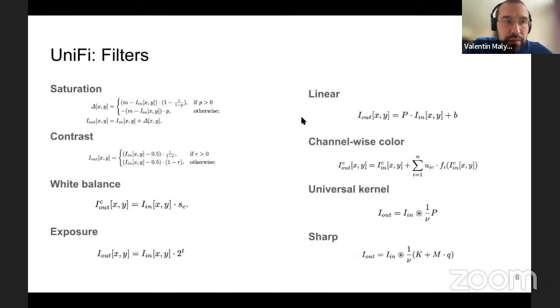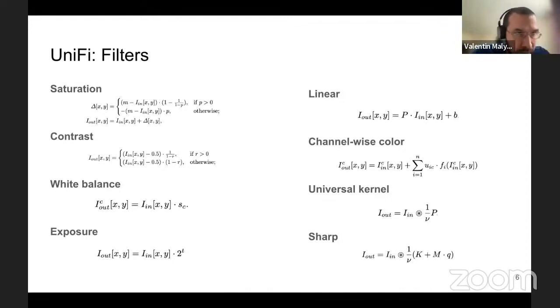Okay, regarding the filters, as I said before, the filters need to be introduced. These are the filters we have experimented with: saturation, contrast, white balance, exposure, linear filter, channel-wise color, universal kernel, and sharp filter.